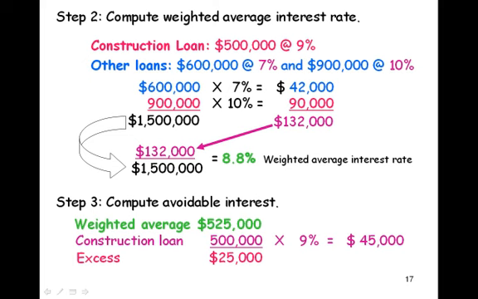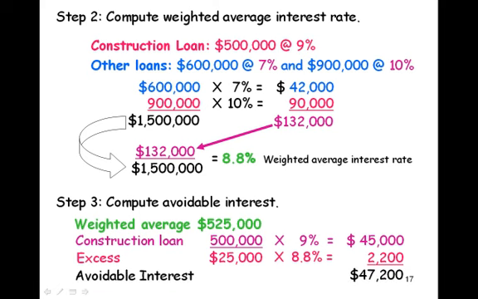You'll recall from example 2 in slide 15 what constitutes avoidable interest. Therefore, we look to Alpha's other loans and use the 8.8% weighted average interest rate. Our total avoidable interest is $47,200.